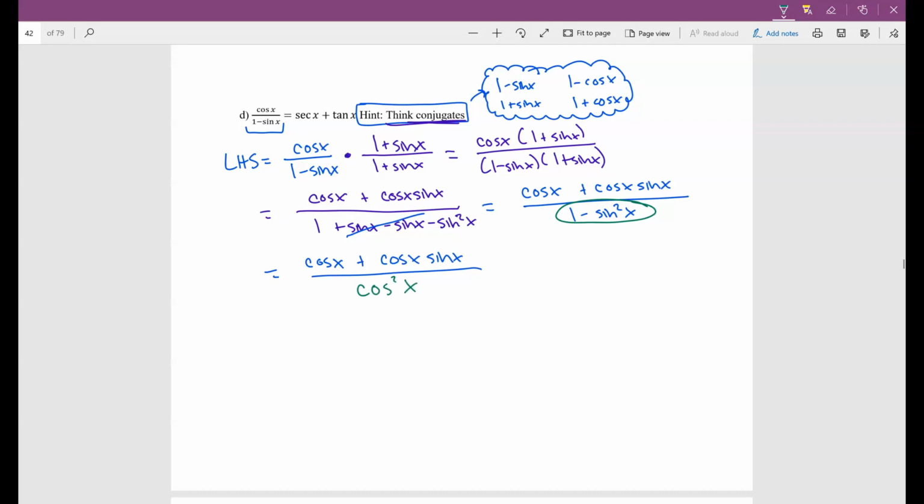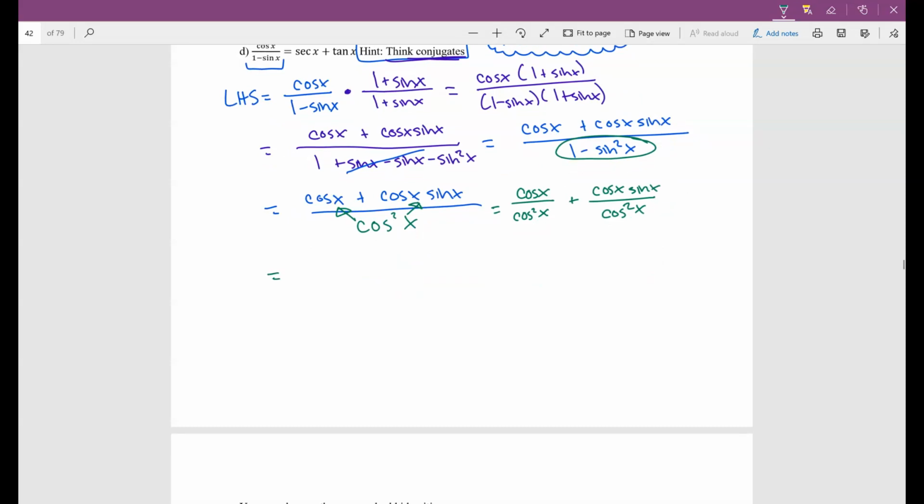Now what we can do is divide this lonely denominator into each of these terms. So I'm going to have cosine of x divided by cosine squared x plus cosine of x sine of x divided by cosine squared x.